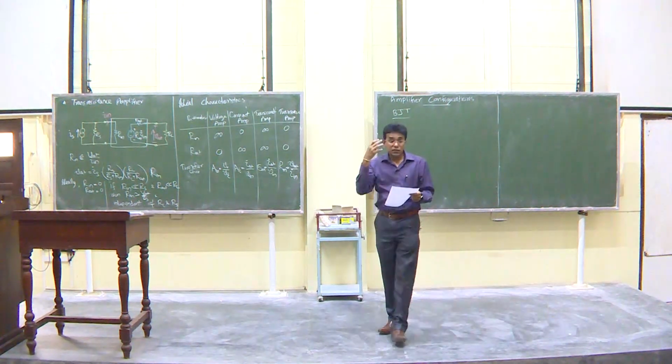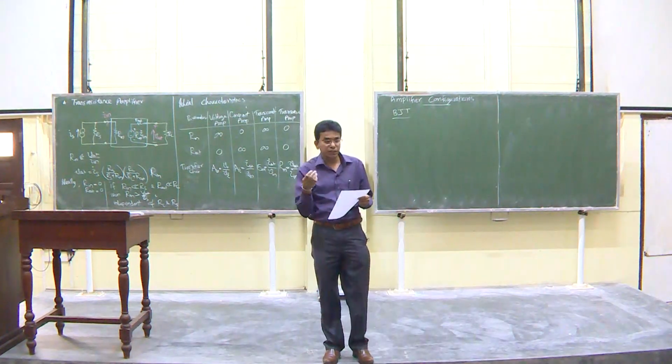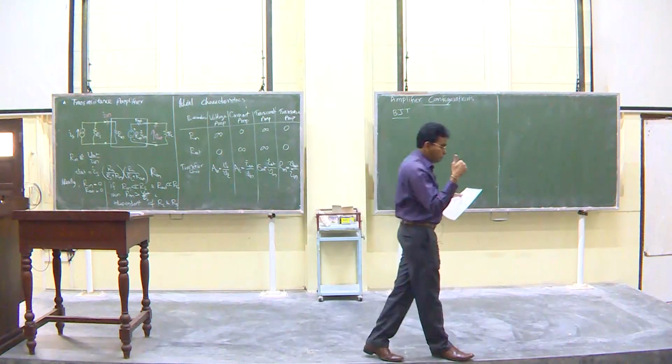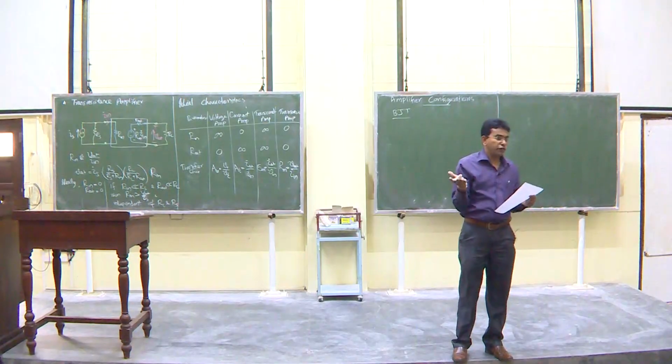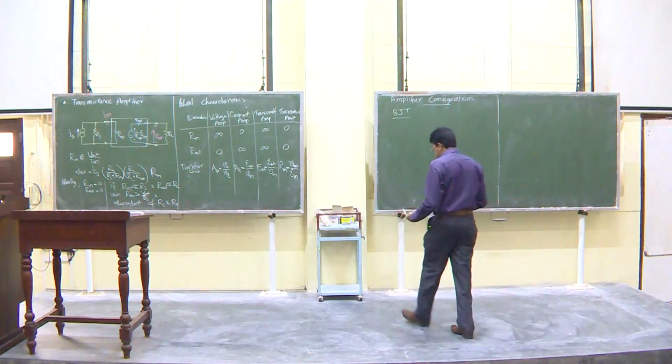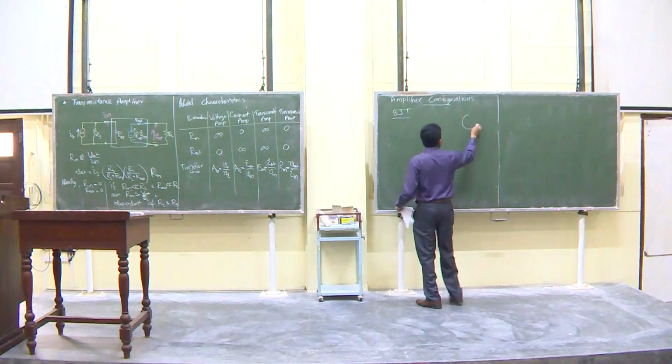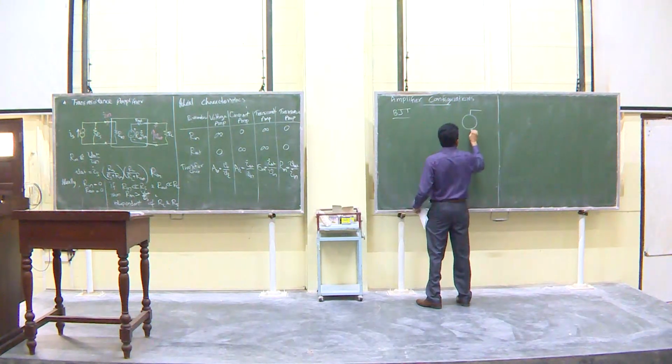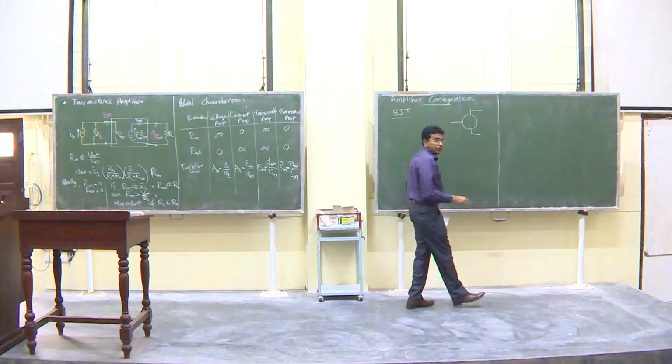Since there are 3 terminals for a BJT or a MOSFET for that matter, these are 3 terminal devices. You have an amplifier with 3 terminals, right?